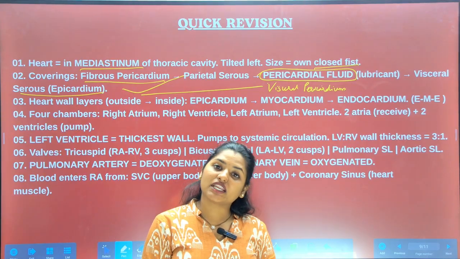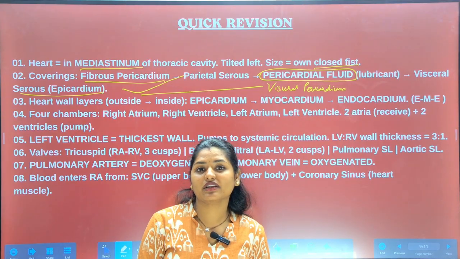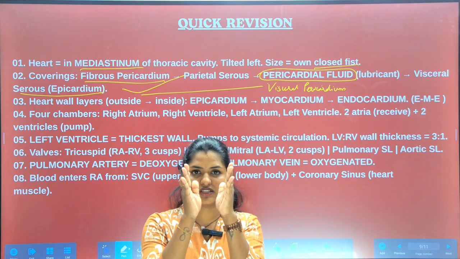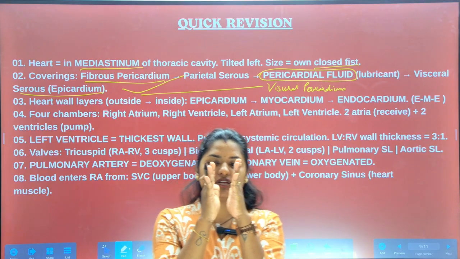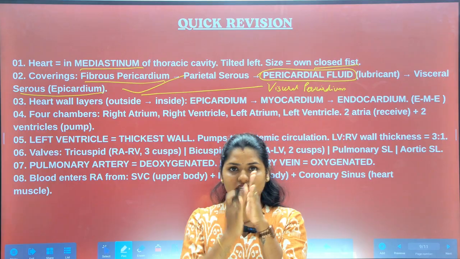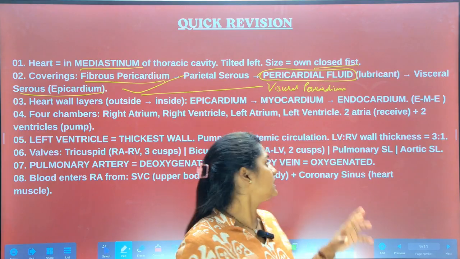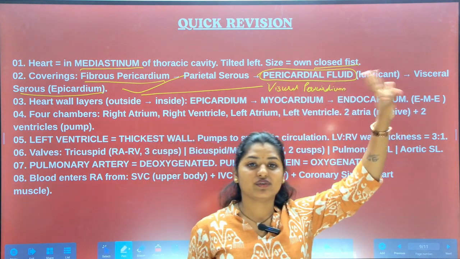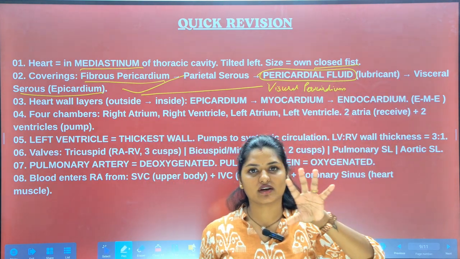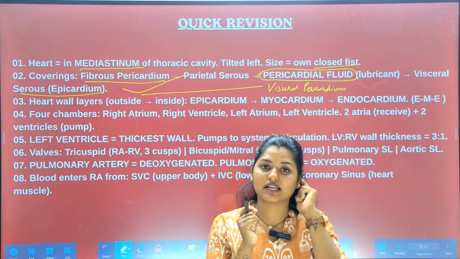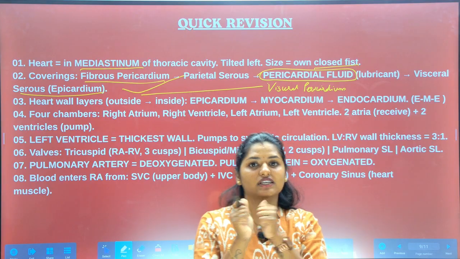The pericardial cavity is present between these two layers. In that cavity there is a fluid called pericardial fluid, which acts as a lubricant. So it helps in preventing rupturing of the layers.